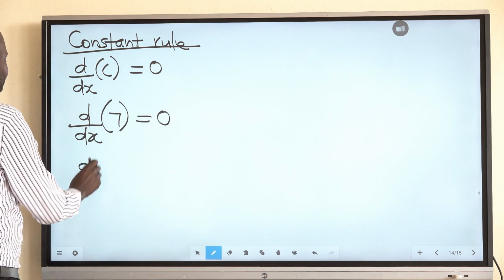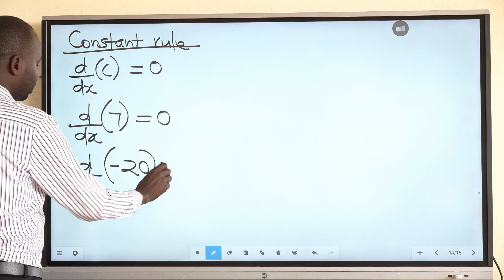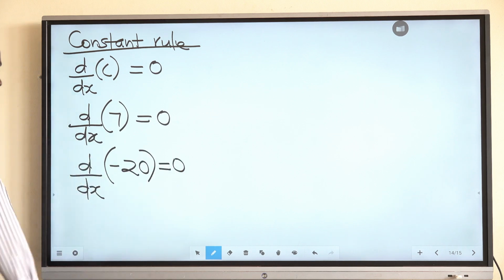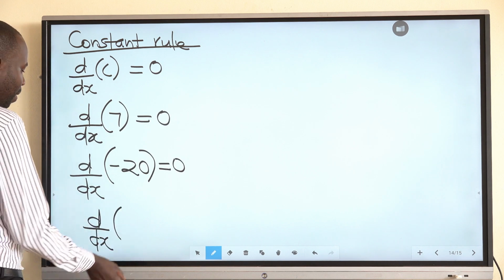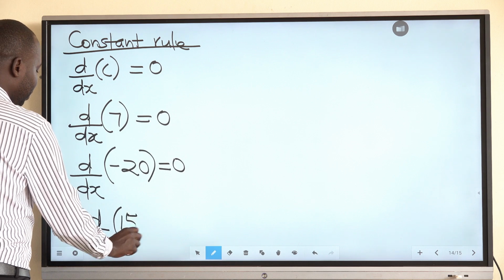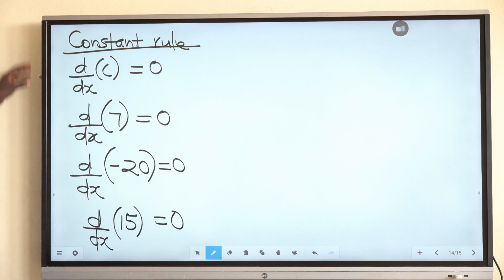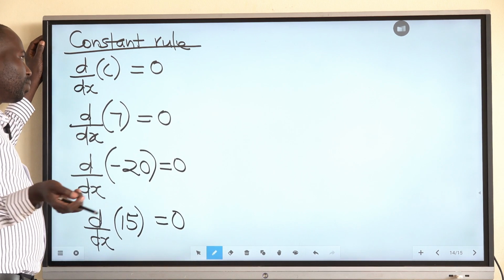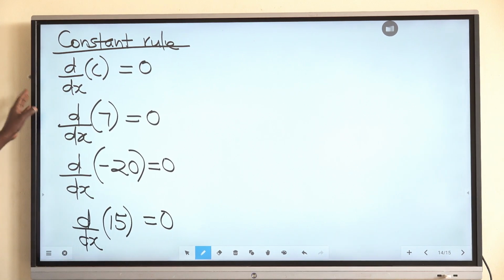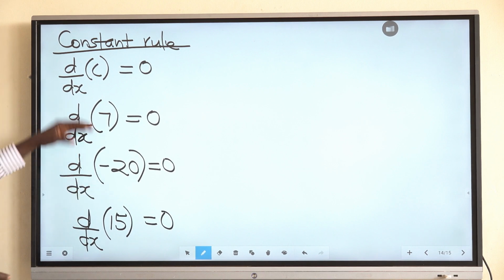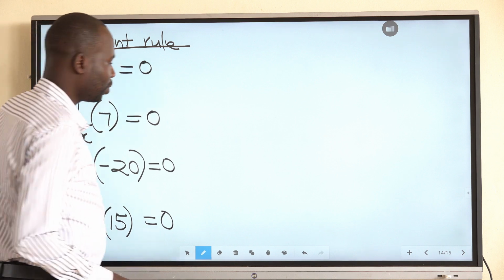Then also any other number, maybe derivative of negative 20, you still end up with 0. Derivative of any constant number, maybe 15, it is always 0. It is important to know this because as we go into other rules, there's where we shall apply this. But for beginning, you need to know that any derivative of any constant number is 0. So this is all about the constant rule.